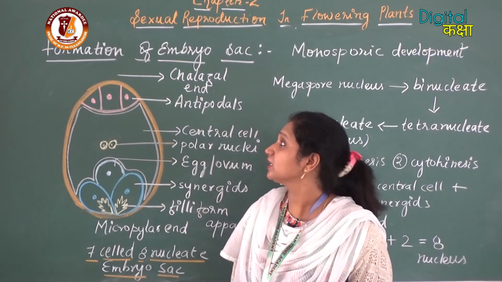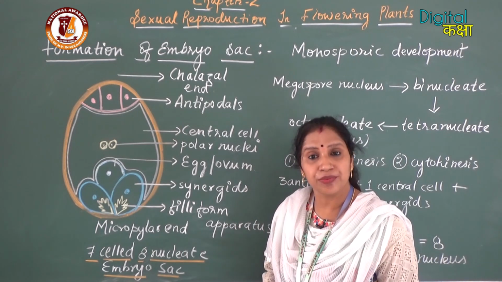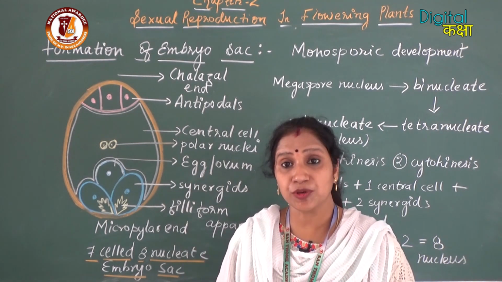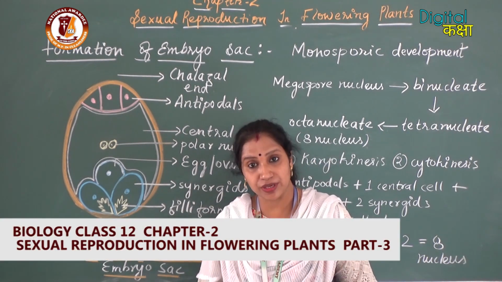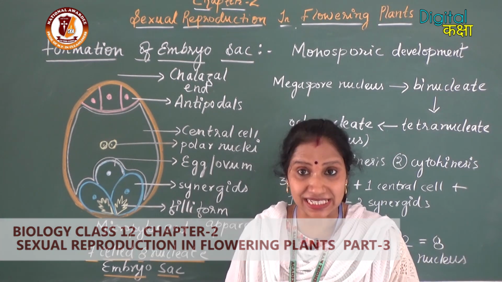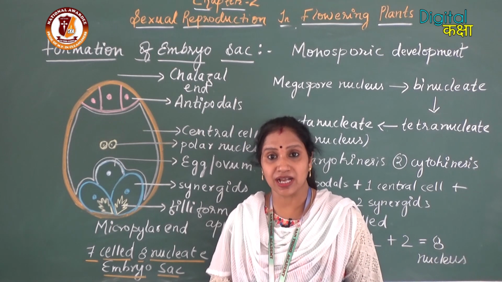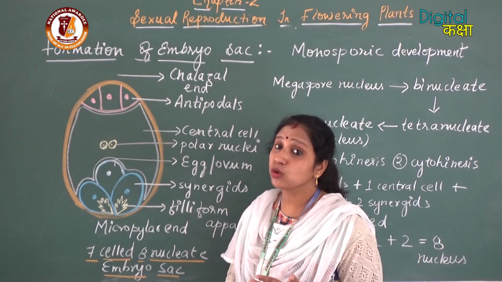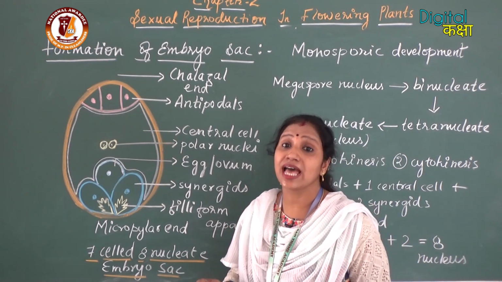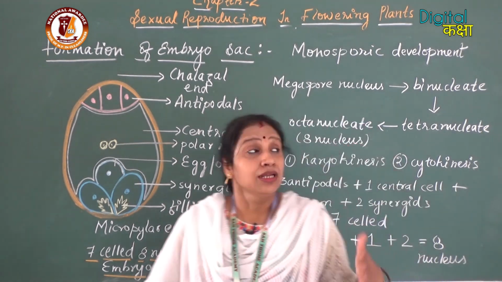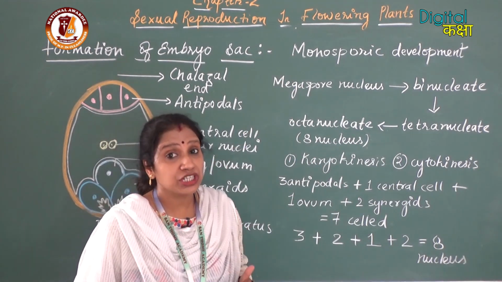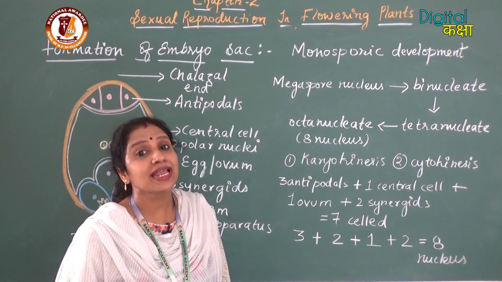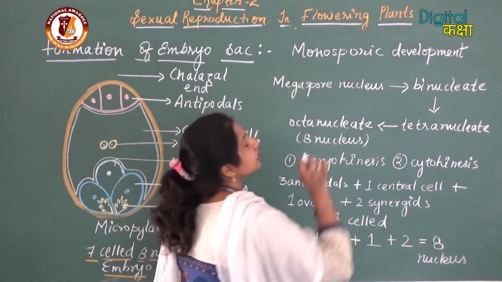Now we will be studying the formation of the embryo sac from the megaspore. We have studied that in megasporogenesis 4 megaspores are formed, out of which 3 degenerate and only 1 functional megaspore is there, which will form the embryo sac. So how this embryo sac formation occurs, that we will see. As the formation of the embryo sac occurs from a single megaspore, that is called monosporic development.